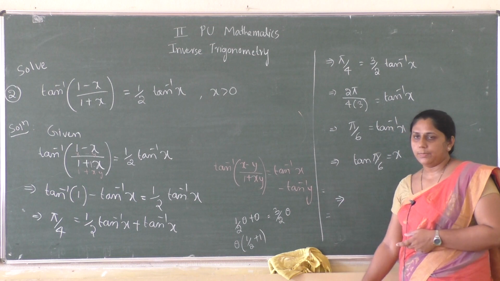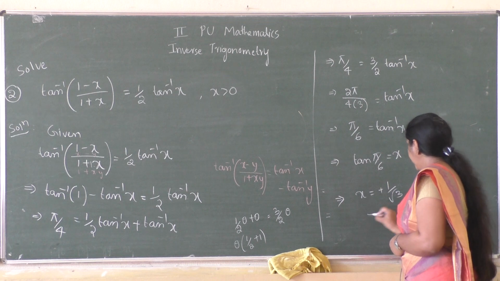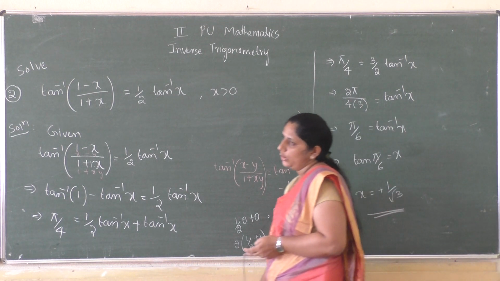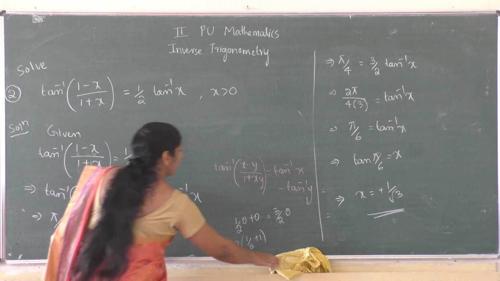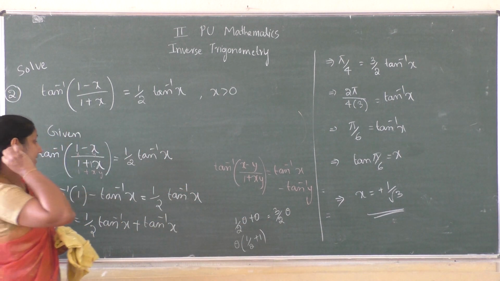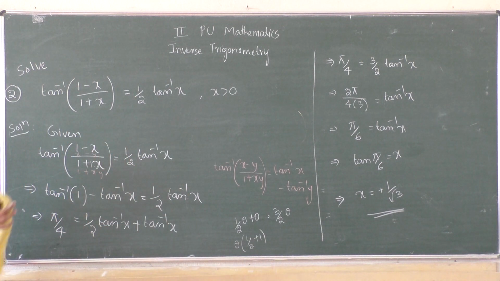What is the value of tan pi by 6? It is 1 by root 3. So here the value of x is 1 by root 3. So the answer is correct. Why? Because here they gave the condition x greater than 0, right? So 1 by root 3 is a positive value. So the answer is x equal to 1 by root 3.